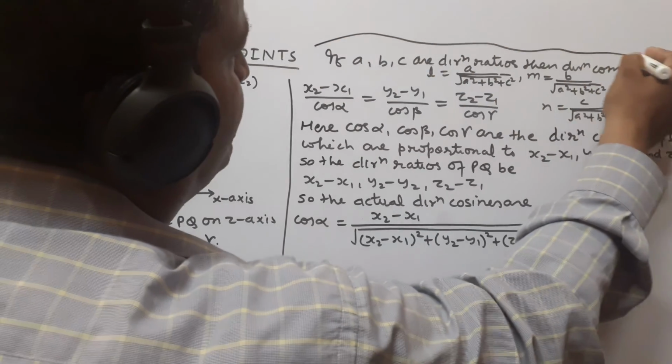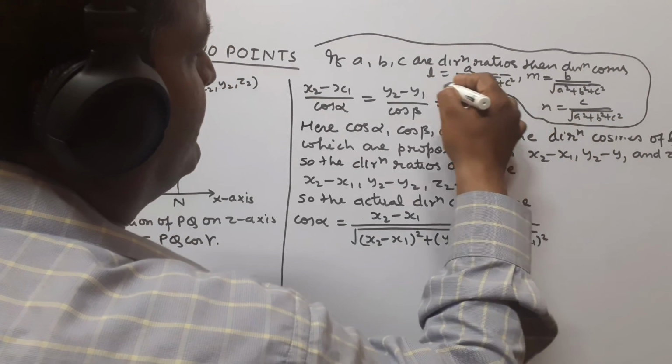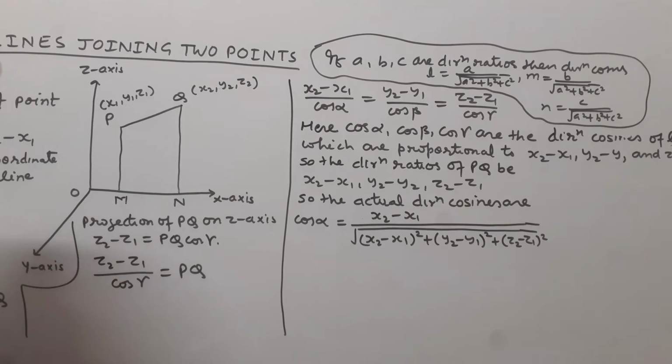So we know that if the direction ratios are given, we can find the direction cosines of the line.